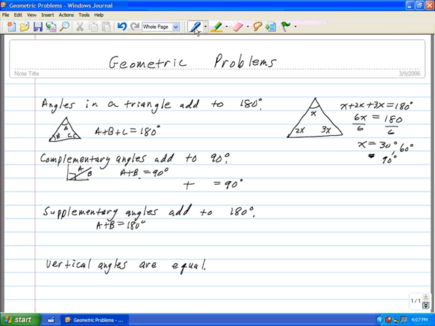Well, now we need to be told more about these angles so that I don't have to use two variables. Well, if they were to go on to say one of the angles is 14 degrees less than the other one, then you could represent one with A and you could represent the other one with A minus 14.